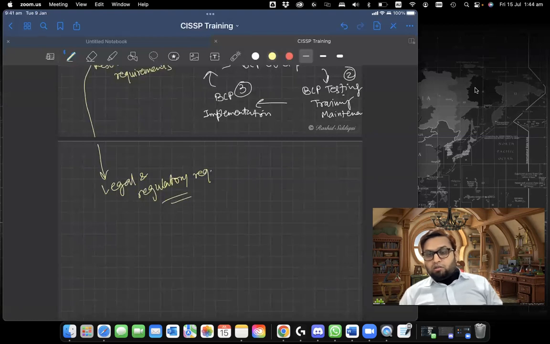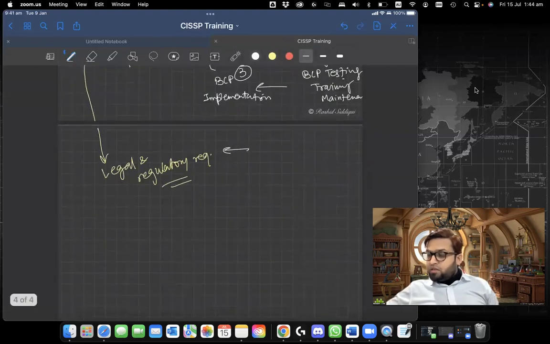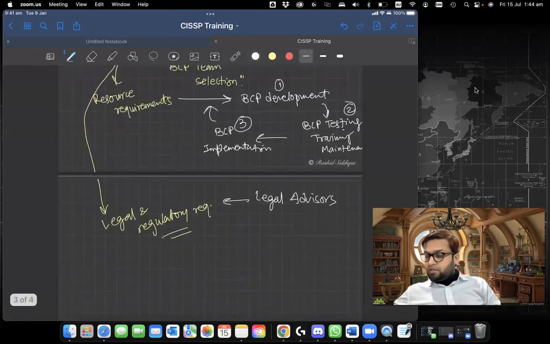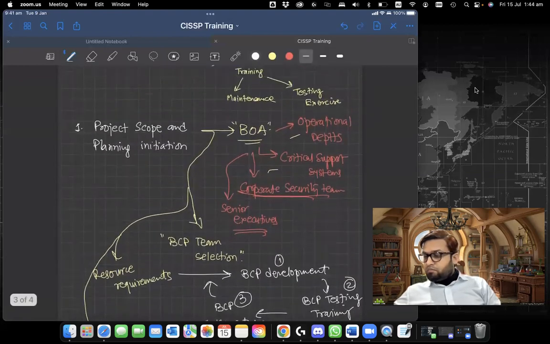There are legal, compliance, and regulatory requirements that may impact our BCP decisions. So it's very important for any company to include the legal advisors and any internal audit and compliance team members who look after the legal and regulatory side. They also need to be involved. So this is basically the first step.